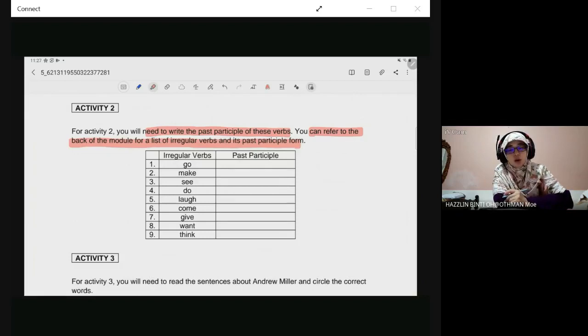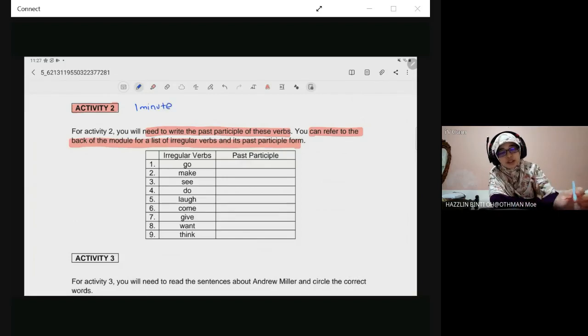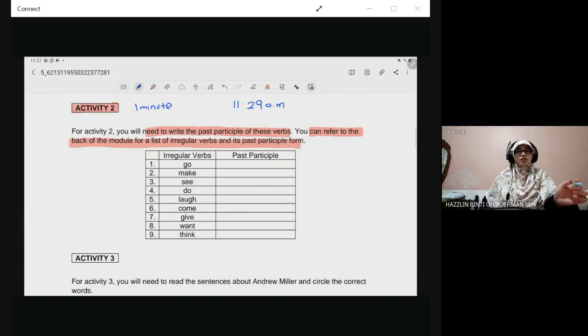So now, I want you to complete activity 2 in 1 minute. Now it's 11:27. We're just going to assume we're going to start at 11:28. So in 1 minute, I want you to complete this exercise.